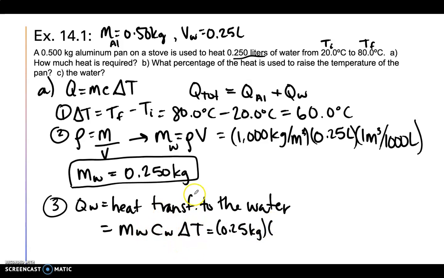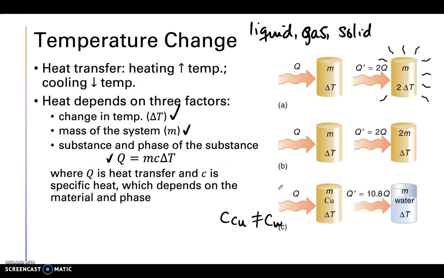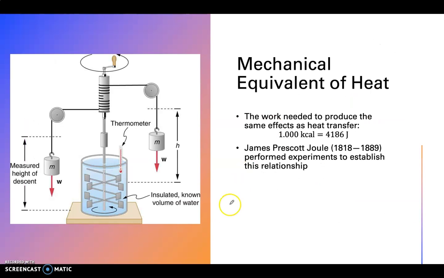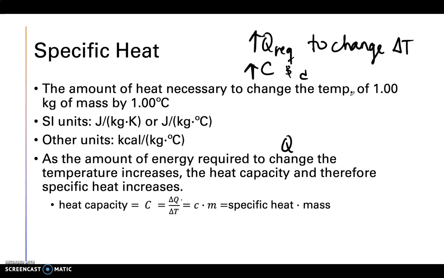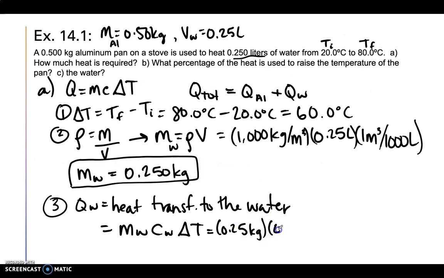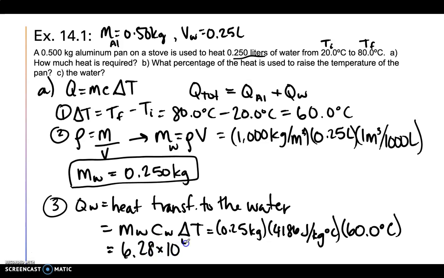Our c is going to be in a table, or how we have defined kilocalories. This is actually the same number, oddly enough. So it's going to be 4,186 joules per kilogram degree Celsius times our delta T, which is 60 degrees Celsius. And so our heat transferred to the water is 6.28 times 10 to the 4th joules.